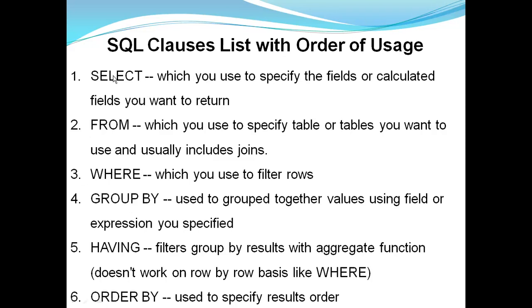So once again, select, from, where, and if you are using group by, then group by, then having, and order by is last. Always a query has to be written in this specific order. If you are not using this order, the query will be invalid. Simple here. So this is the order in which you have to write a query.